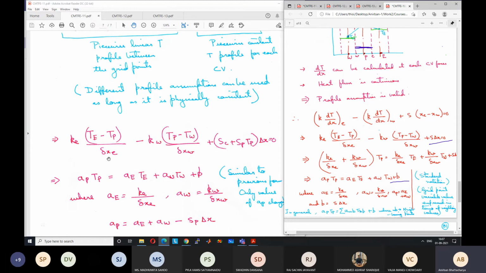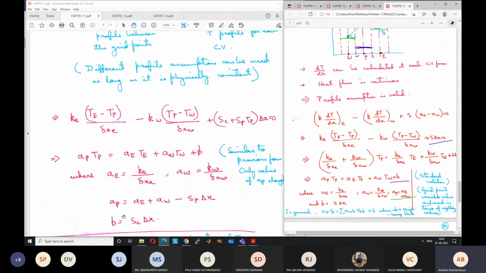So Ke by delta Xe, which is AE, plus Kw by delta Xw, which is AW. So AE plus AW, like previously, minus SP into delta X, because that is also the coefficient of TP. So AP will become AE plus AW minus SP into delta X. AE will remain the same, Ke by delta Xe, AW will remain the same, Kw by delta Xw. And B will be similar to the previous term, but instead of S, now it is only the constant part, Sc into delta X.